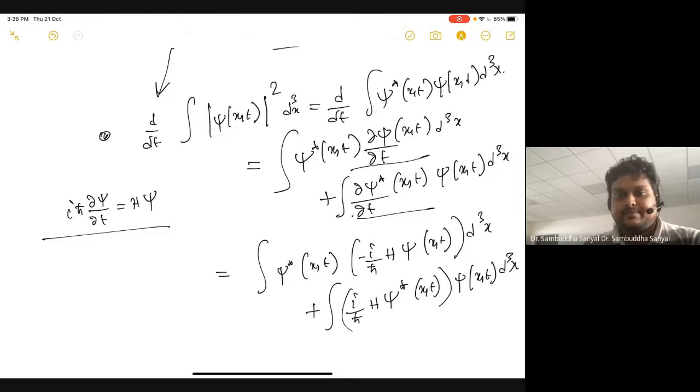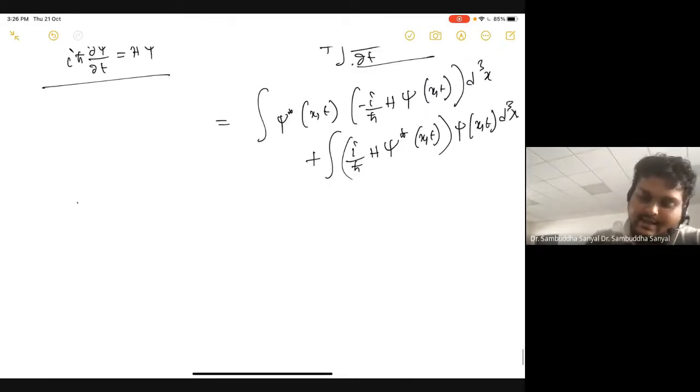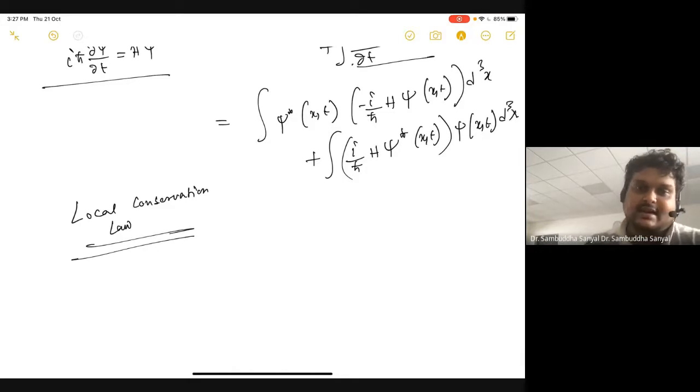Okay. So if both sides have to match, then the integrands must match, and that gives me a local conservation law and a definition which we call current.